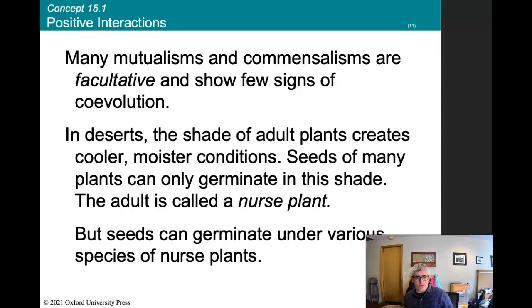It's cooler, there's moisture, there's shade, so they're able to grow in those conditions. If that tree was not there, they would not be able to grow. So they're clearly deriving a positive benefit. And they're making the argument that the tree is getting a net zero benefit. It's not costing them anything, and they're not getting any benefit by those plants growing in their shade.